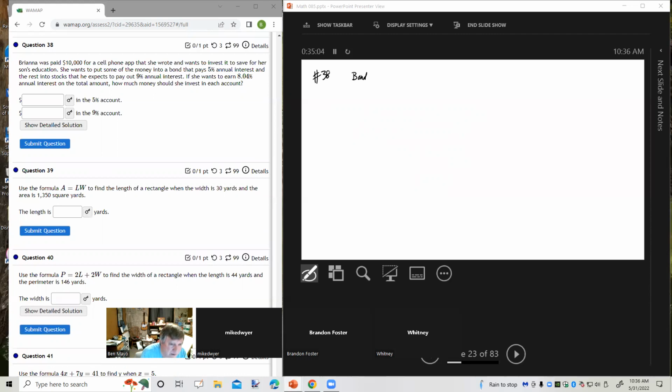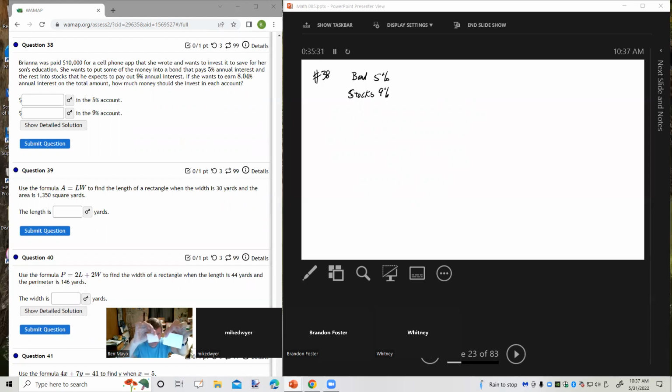which pays 5%. And we've got the stocks that pay 9%. Now, what do we know about the amounts of money invested? We know that the total amount is $10,000. So again, let's say that this piece of paper represents $10,000.